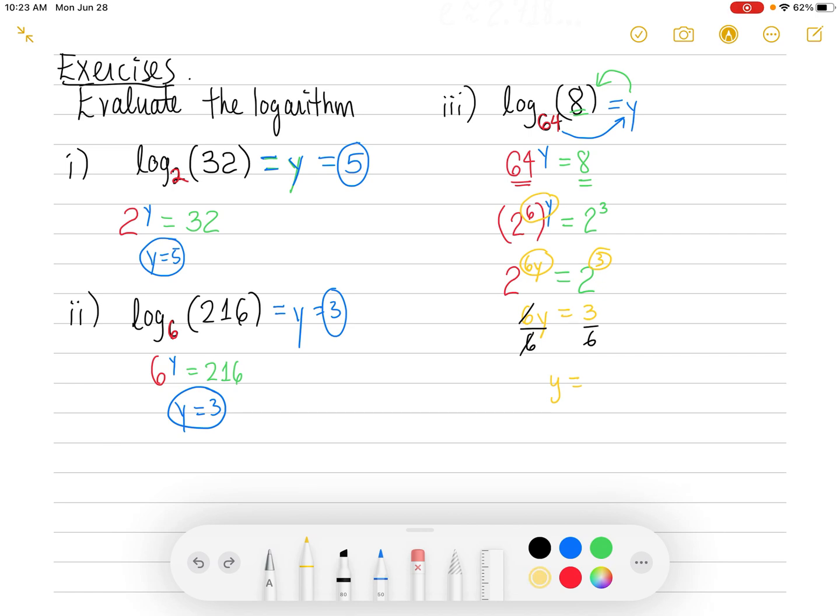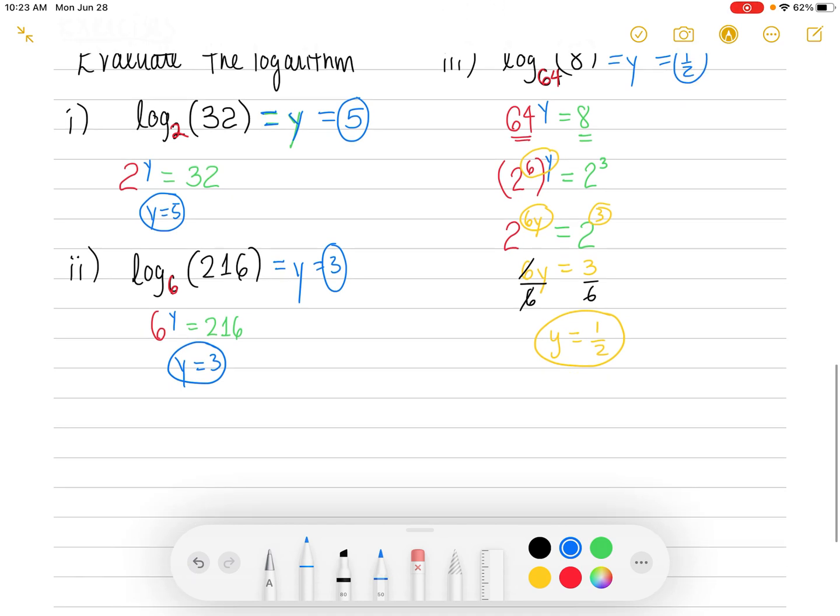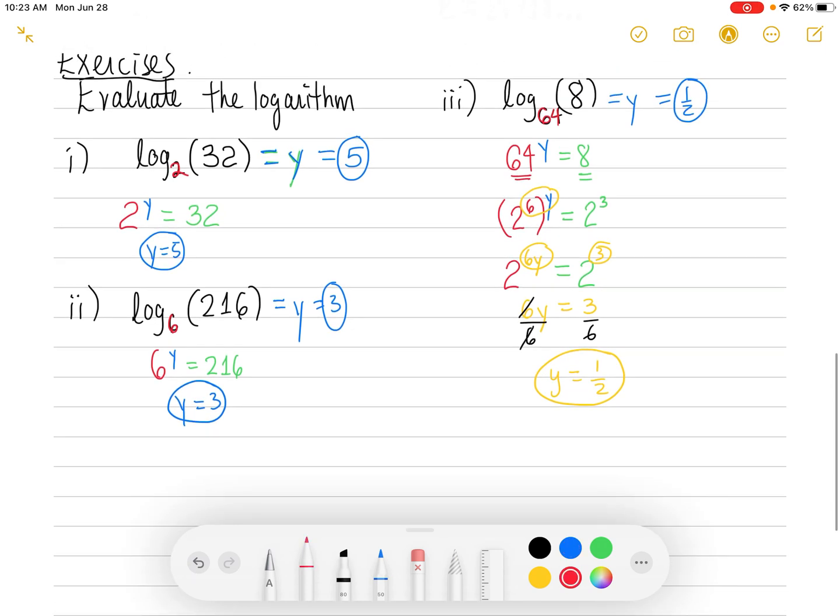The 6's cancel on the left, and you get y is 3/2. I'm sorry, 1/2. I'm saying it wrong. So 3 over 6 reduces to 1/2. So your answer here is that y is 1/2.